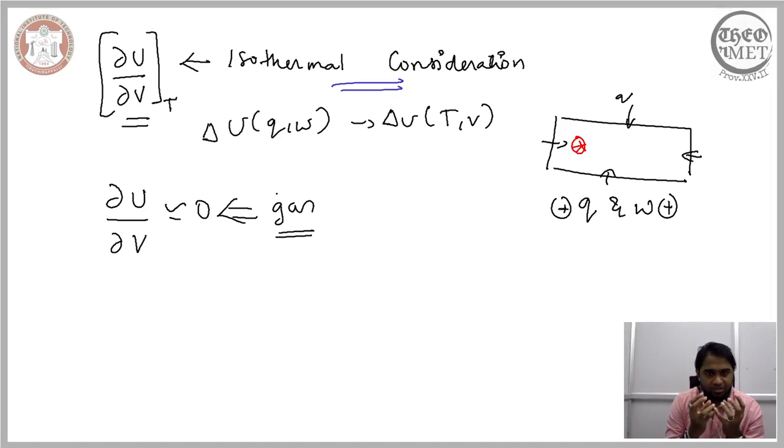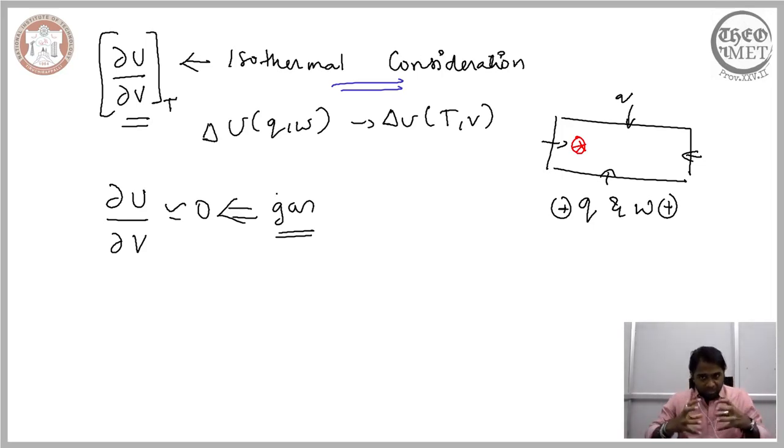So this partial derivative means that we are allowing the system to expand. Despite the amount of heat being fed into the system and the work being done by the system, we allow the system to expand in order to ensure that the temperature is constant.